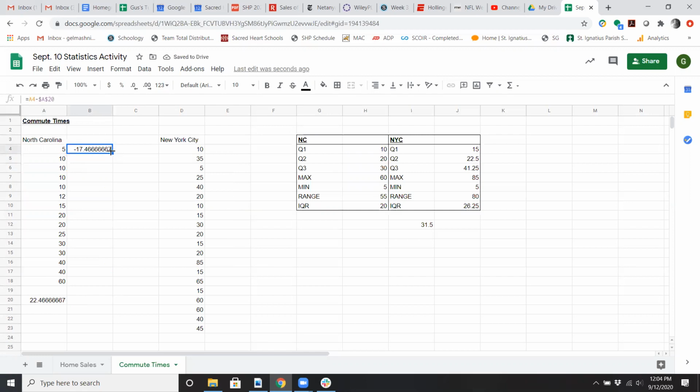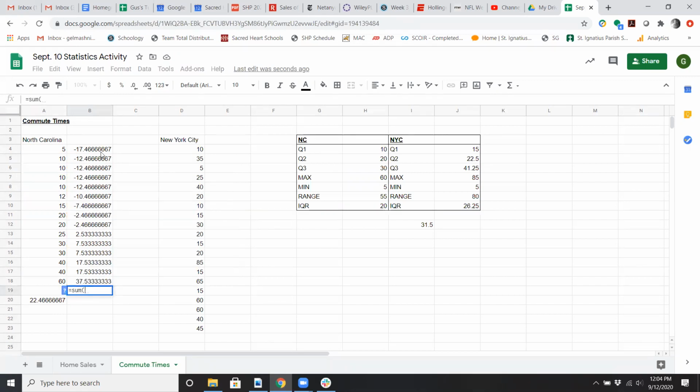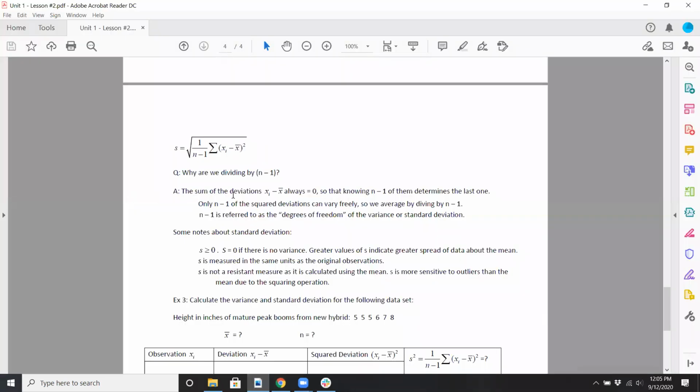When I copy and drag, obviously this changes, that's A4 and A5, but I want to keep the mean the same. If I were to add up all of that, see, it adds up to 0. So that's what's meant in the notes, that the sum of the deviations always equals 0.